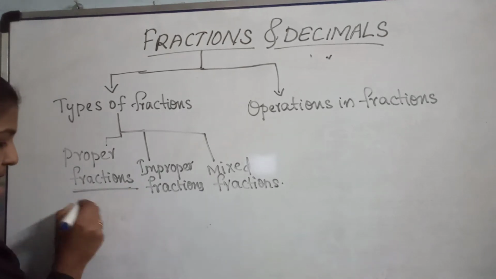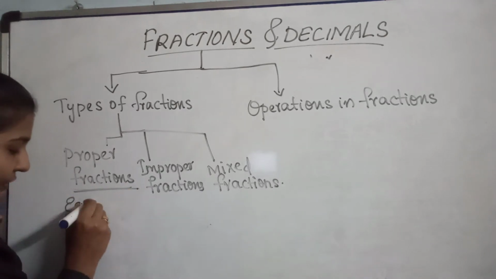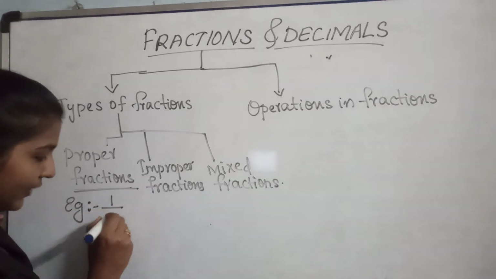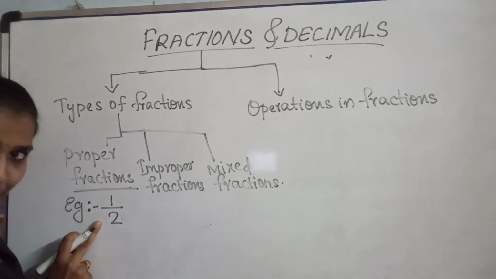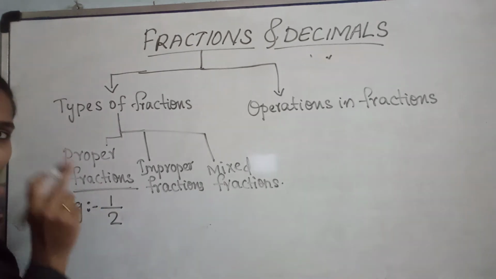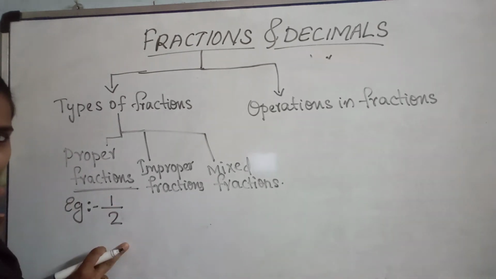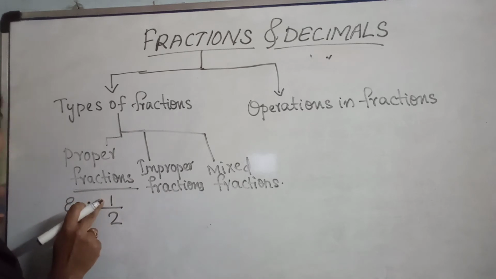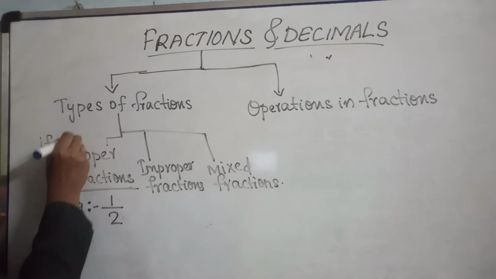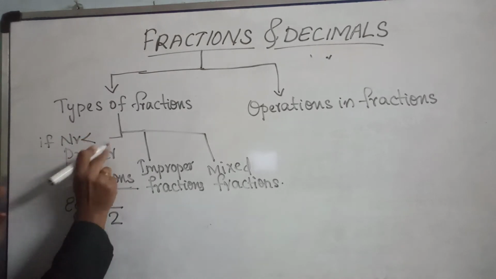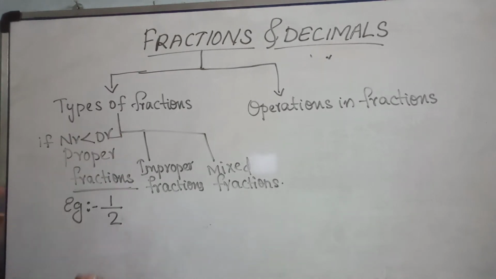I am going to write an example for proper fraction, and it is 1 by 2. Here 1 is the numerator and 2 is the denominator, and 1 is smaller than 2, isn't it? So it's a proper fraction. If the numerator is less than the denominator, then it's a proper fraction.